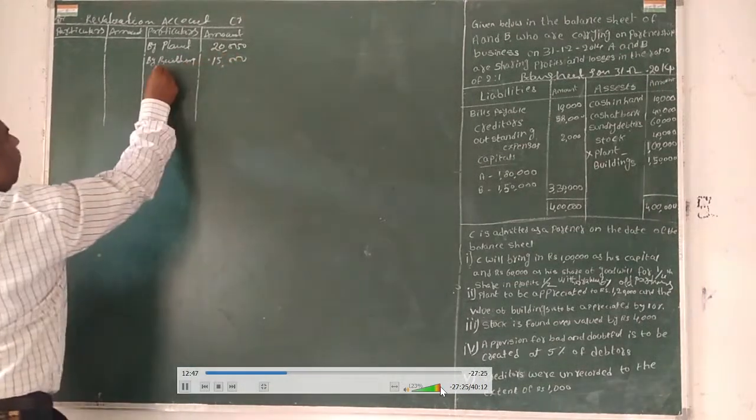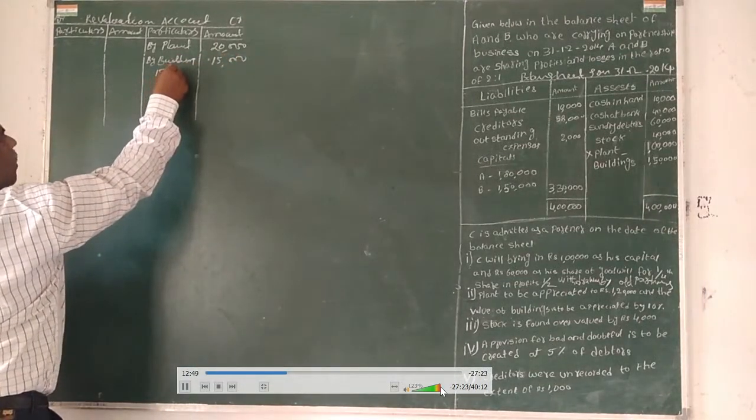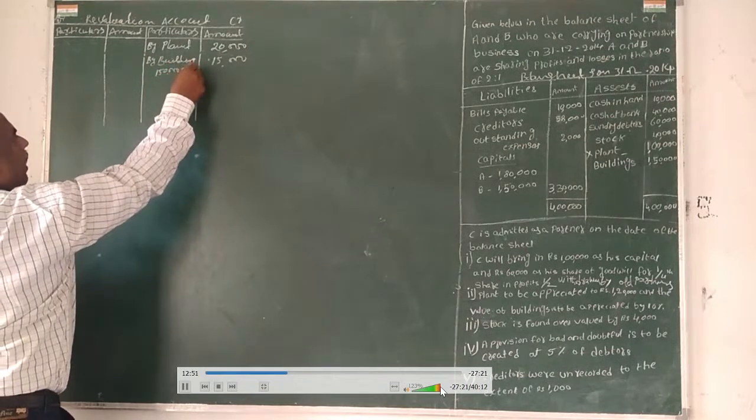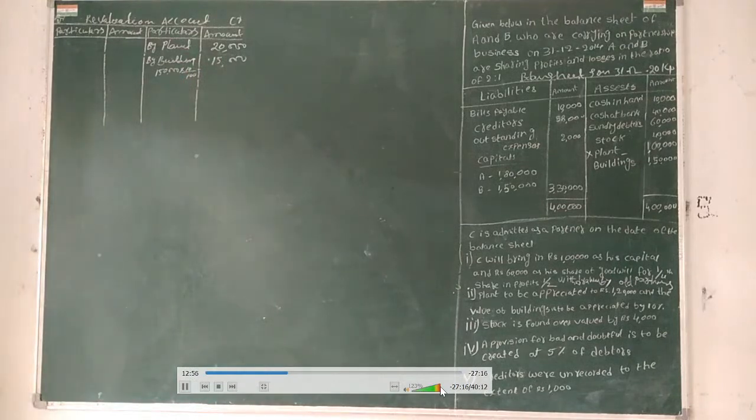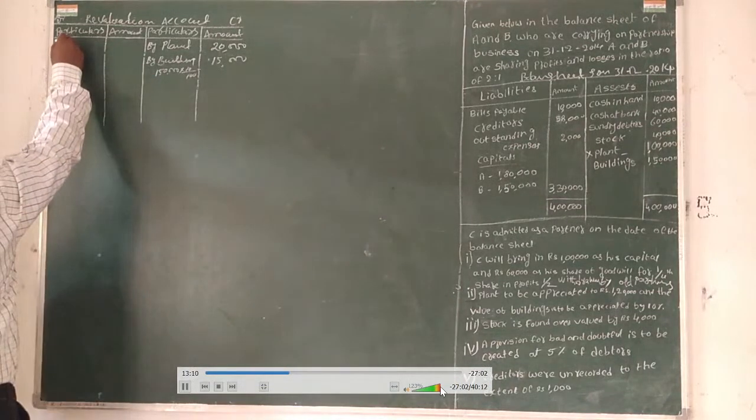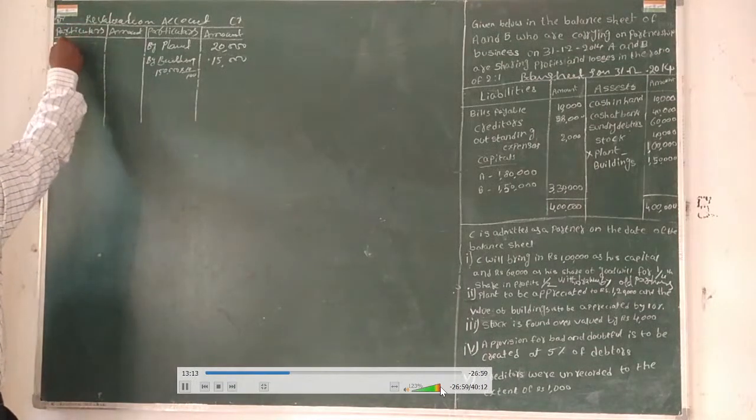So to provision for bad debts, or reserve for bad and doubtful debts: 60,000 multiplied by 5 by 100 is equal to 3,000.